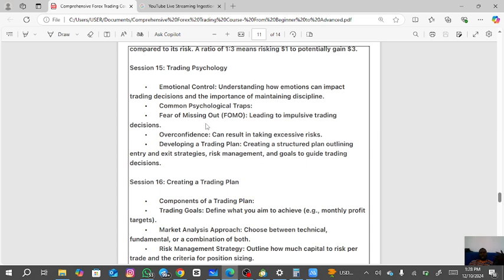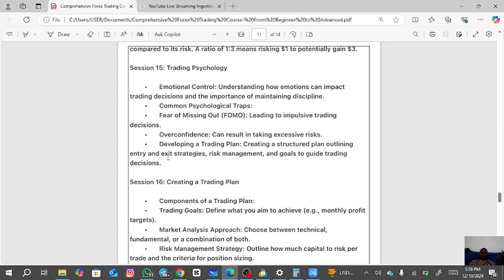Once you have started doing all those things, it's going to be difficult for you to change, because it becomes a habit, right? And for you to stop a habit is something else. So like I say, fear of missing out, overconfidence, and all those things are to avoid while trading, right?